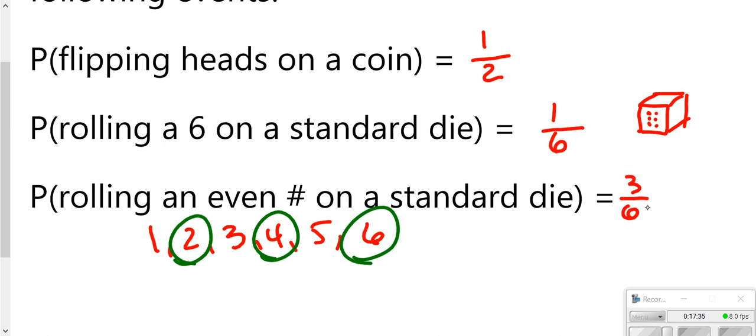Now, everyone always asks me, do I have to write this as a fraction, as a percent, as a reduced fraction? I don't care. You can write this as a half. You can write this as 50%. You can write this as 0.5. Those all express the same number. I don't mind. You can write it in any form that you wish. Now, do watch, because we might have the Quizlet for Unit 4.